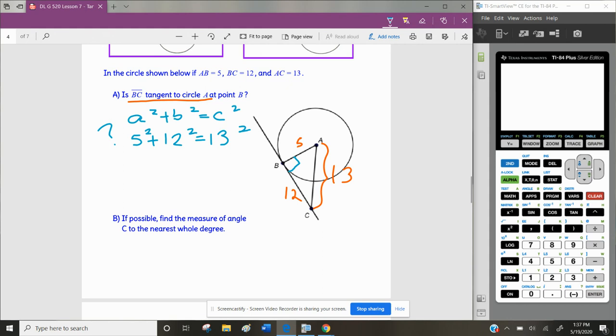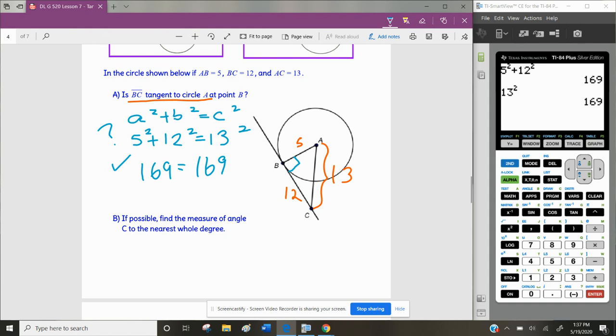That is the question. And so if we get that that is true, okay, so we get 169 for this side, and 13 squared we also know is 169. So since the Pythagorean theorem is met, then there must be a right angle, because these sides represent the sides of a right triangle.